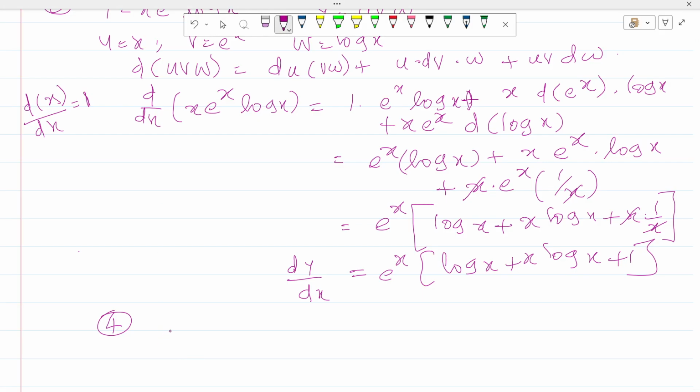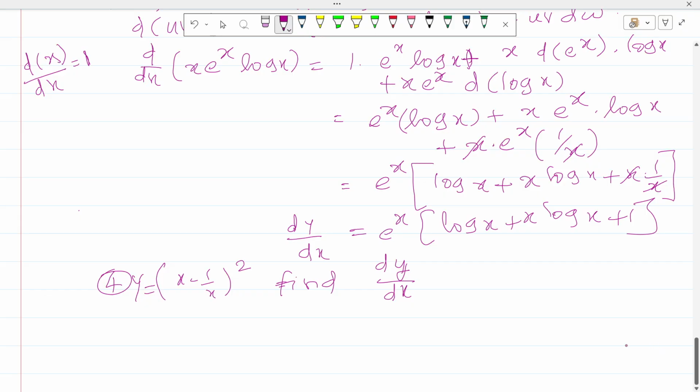The fourth problem in case: y equal to x minus 1 by x whole square, find dy by dx. At the time, first you have to expand this.